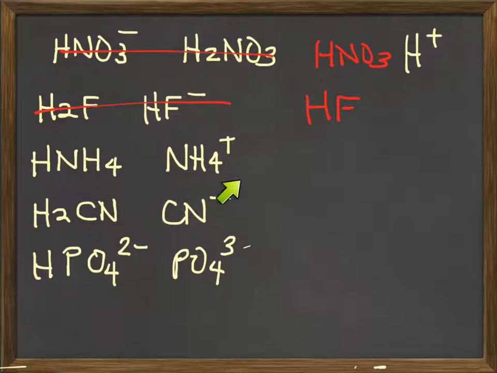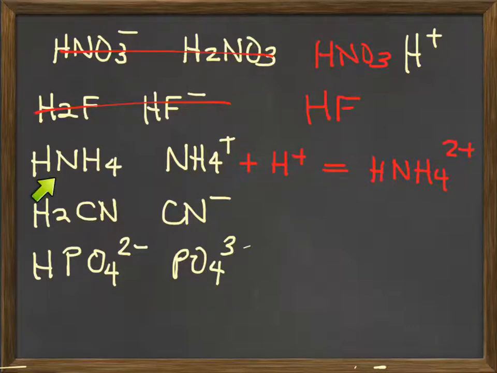HNH4 and NH4 plus. Do these differ by H plus? No. You be careful. Because if you took the NH4 and you added H plus to it, what would you get? Well, you could get HNH4 2 plus, right?